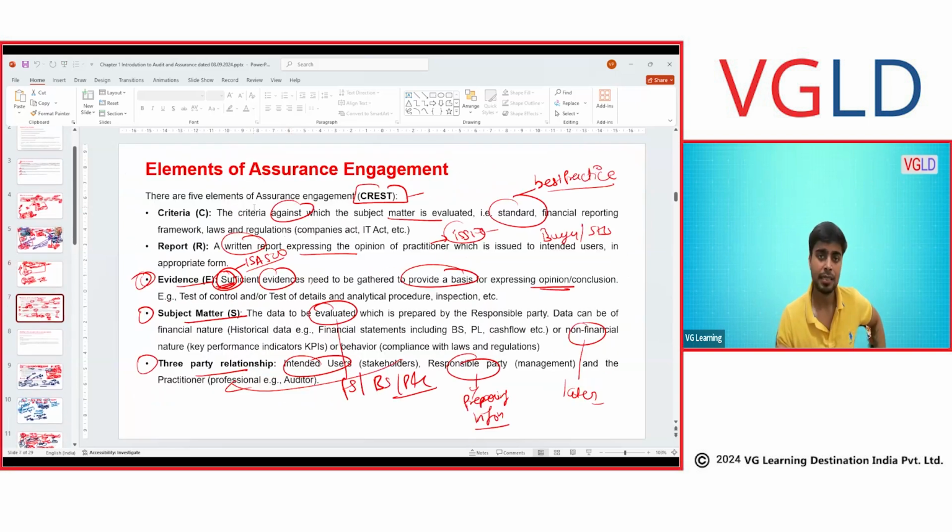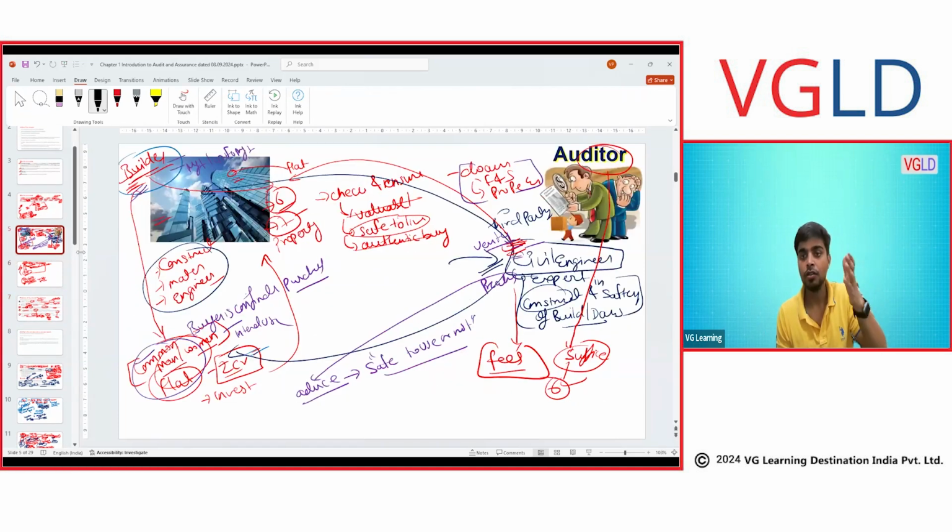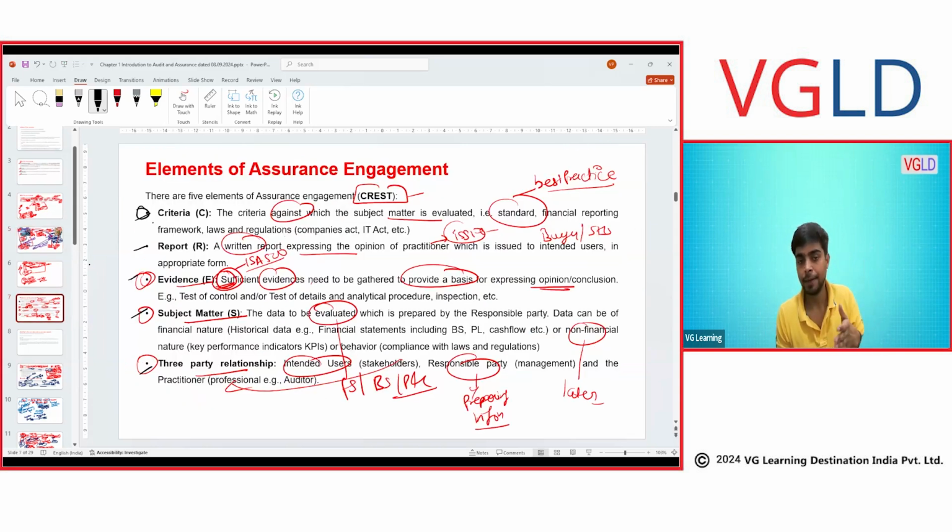We went on discussing the elements of assurance engagement: the criteria, report, evidences, subject matter, and three-party relationship. So in this, we discussed all these factors. Criteria is, let's say the builder has created their building, so what are the parameters that the engineer would be checking? That would be the criteria.